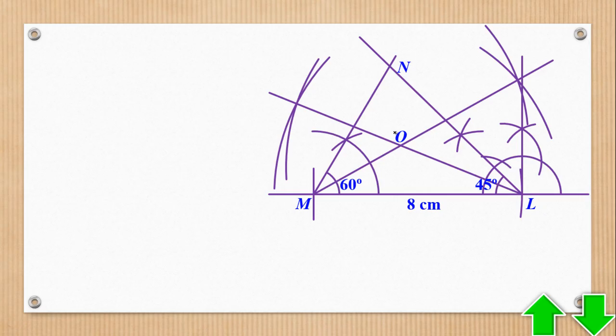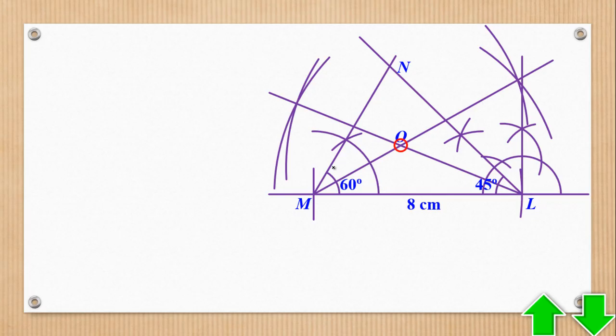The radius is got by dropping a perpendicular from the center to any of the sides. So to any of the three sides, I can drop a perpendicular here, here, or here, any. But the easiest one is the horizontal one, of course. So I'm going to drop a perpendicular from O to side ML.